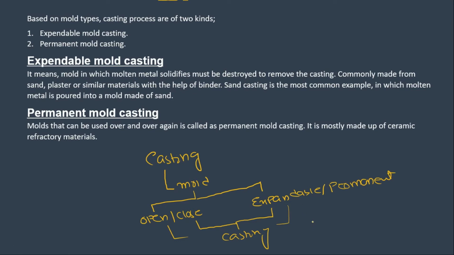Let's suppose, what is sand casting? As we saw in the drawing in the last slide, it was a closed mold expandable casting. Closed mold because we had a gating system and the mold was not open to the atmosphere. It was expandable because ultimately we have to destroy the sand mold to take out our product. Okay, this is how it works.